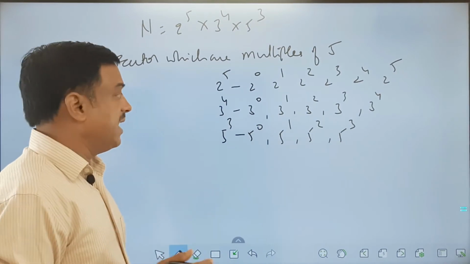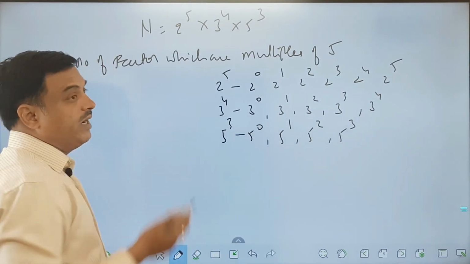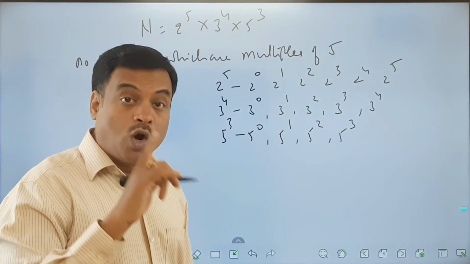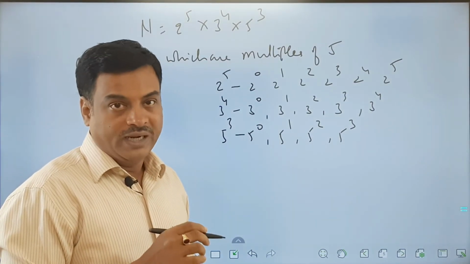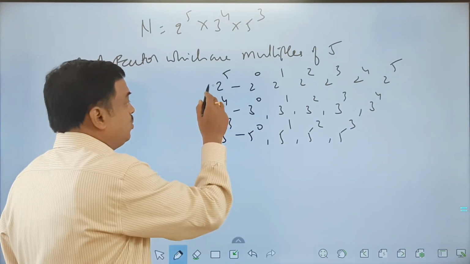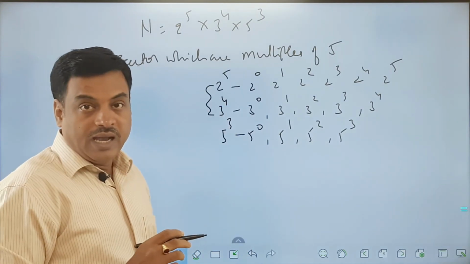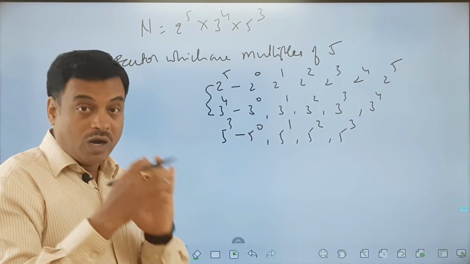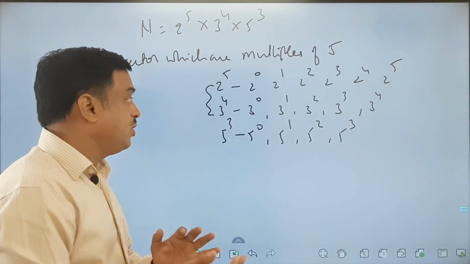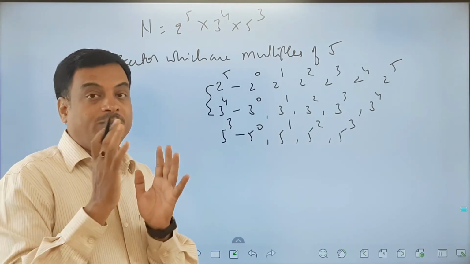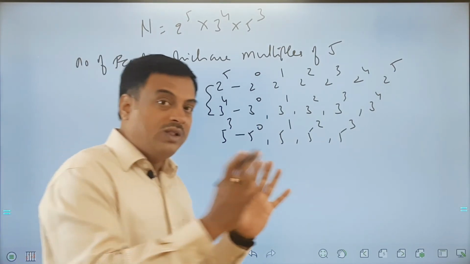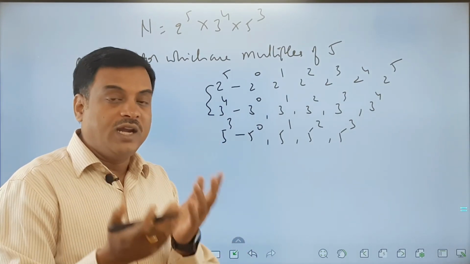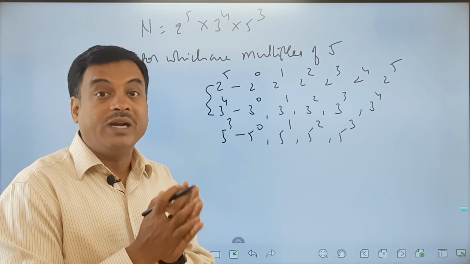Now please understand, to find the number of factors which are multiples of 5, better you find the factors which are not multiples of 5. If I use these two without using the last one, I'll get the number of factors which are not multiples of 5. And I also remember the total number of factors. So from the total number of factors, if I remove all the factors which are not multiples of 5, then automatically I'll be left with the numbers which are multiples of 5.